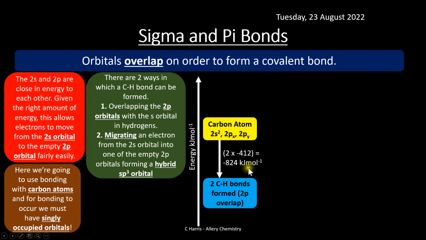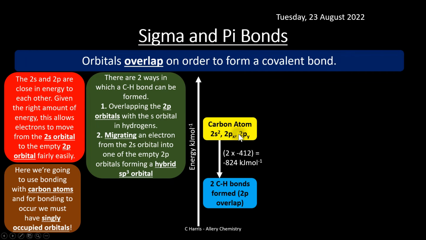So that's option 1. Option 2 is like being downstairs in the bus: one of these electrons can go upstairs and occupy an unoccupied seat, which is the 2pz seat.